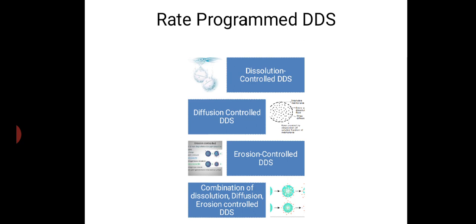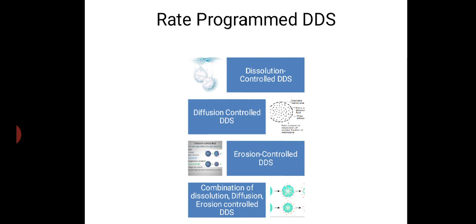The drug molecule that is dissolved slowly can penetrate the diffusion membrane and move from the delivery system into the gastric fluid. So there is the diffusion of the gastric fluid, and at the same time diffusion of the drug across the membrane. These two parameters are being controlled in the diffusion controlled drug delivery system.